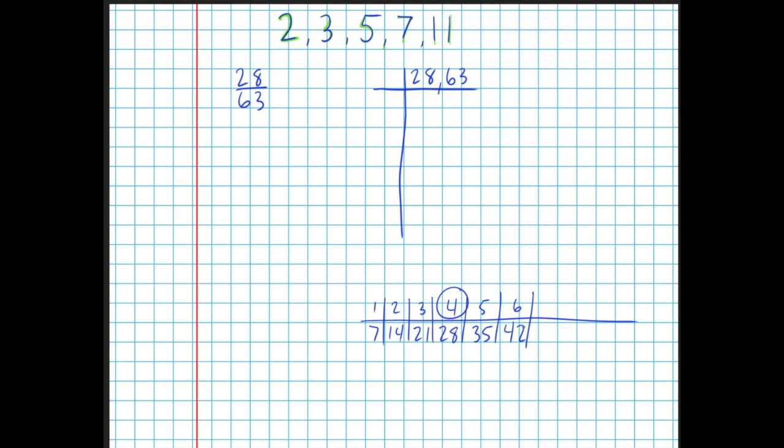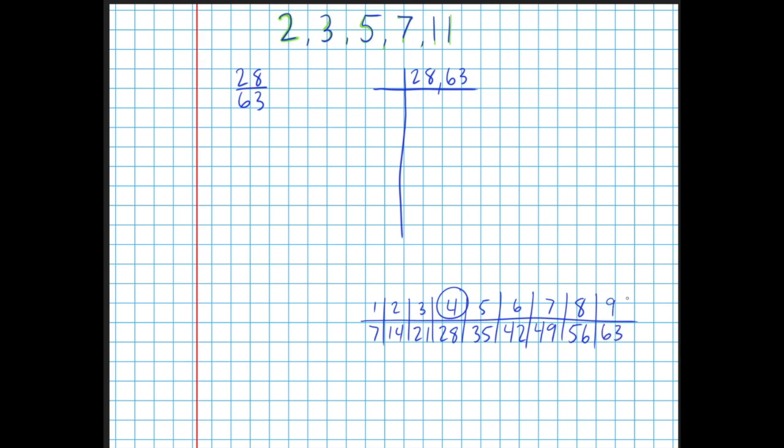42 plus 7, well, that would give me 49. And of course, that's 7 times 7. And then 49 plus 7 would give me 56, and that means 7 times 8 is 56. And 56 plus 7, well, that gives me 63.